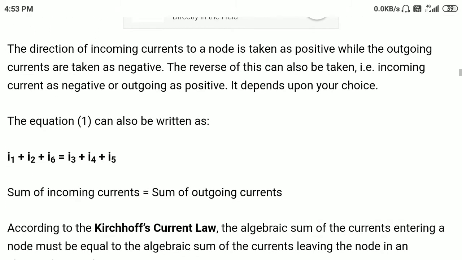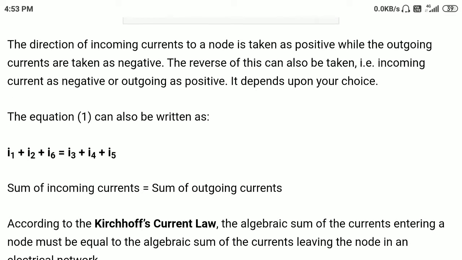The direction of incoming currents to a node is taken as positive, while the outgoing currents are taken as negative. The reverse of this can also be taken, incoming current as negative or outgoing as positive. It depends upon our choice.